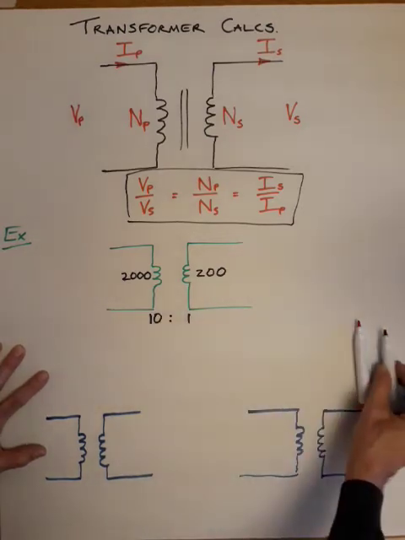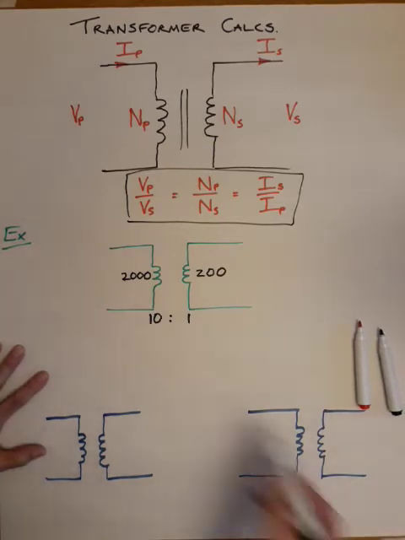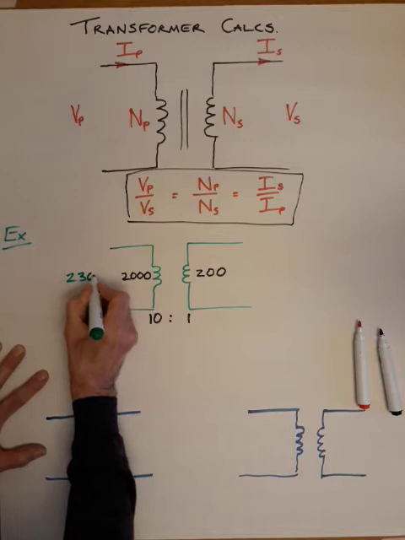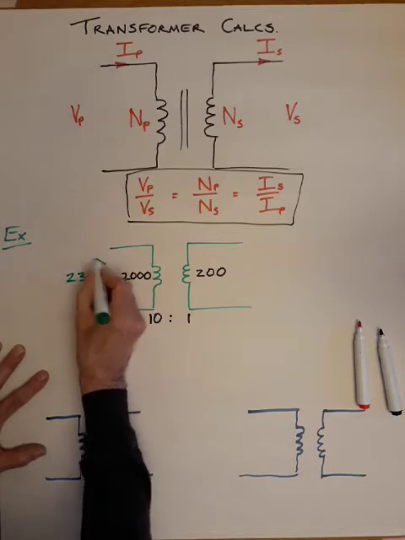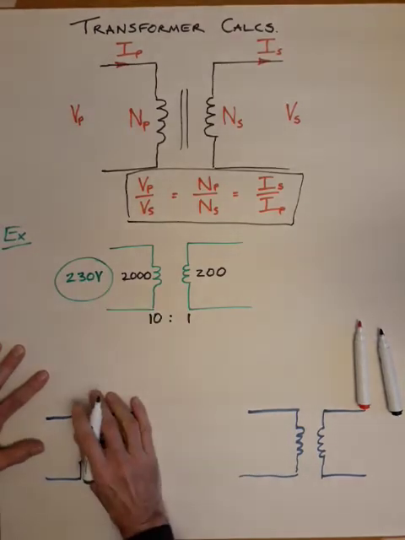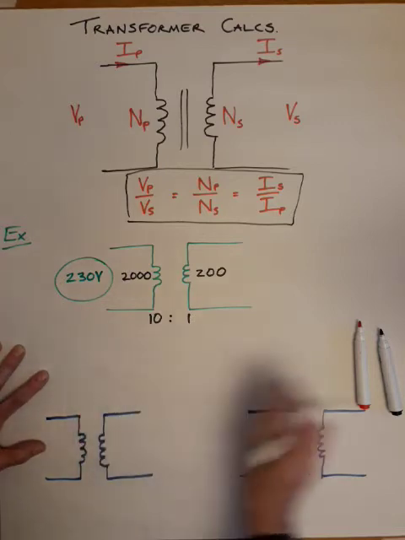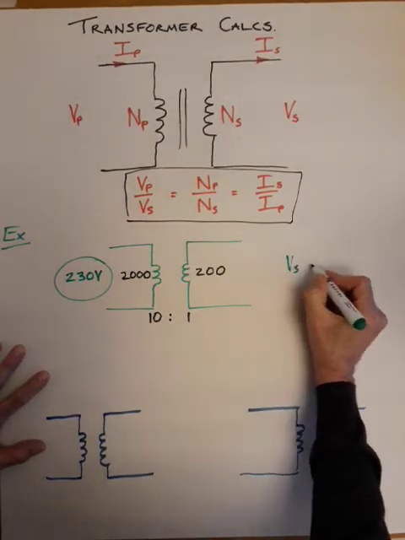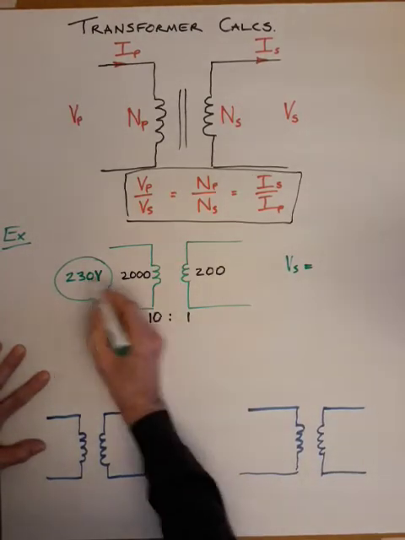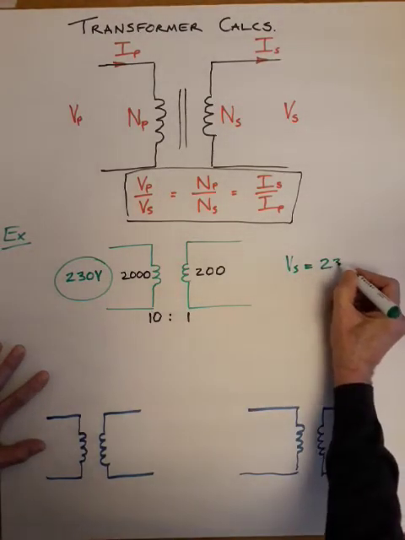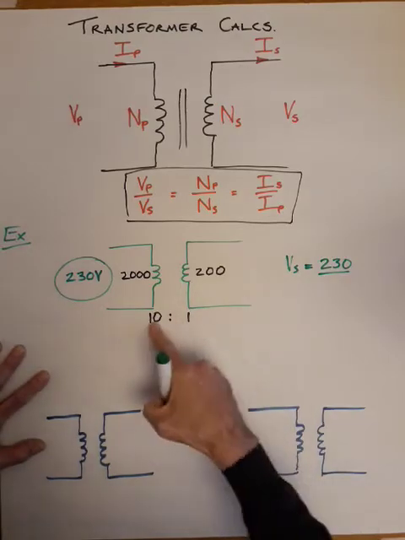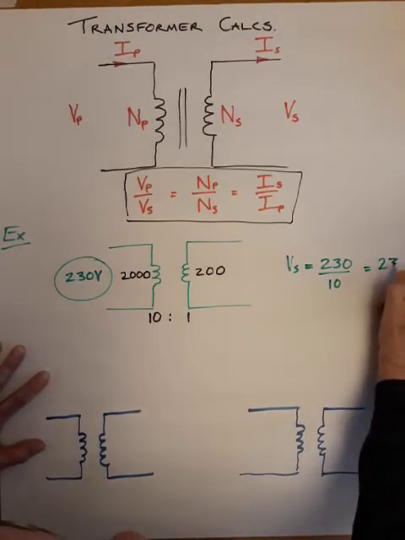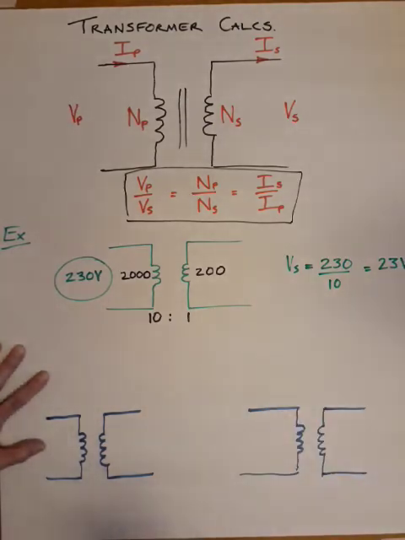So hopefully that is fairly obvious for you. Let me give you a quick example. So if the primary voltage was 230 volts, so there is Vp, then the secondary voltage is going to be 230 divided by 10, 23 volts.